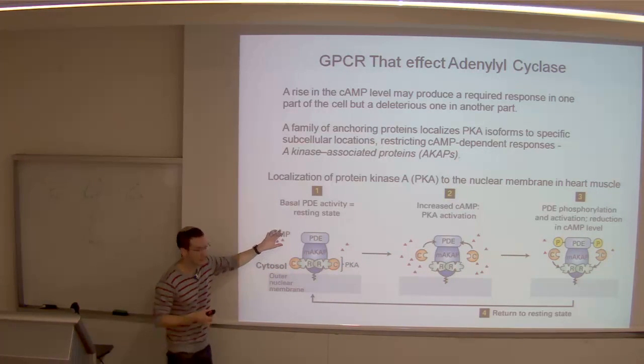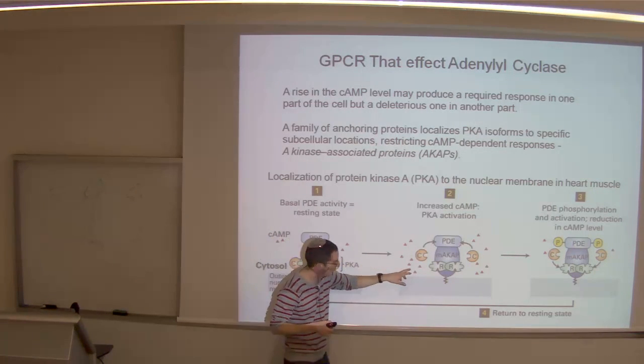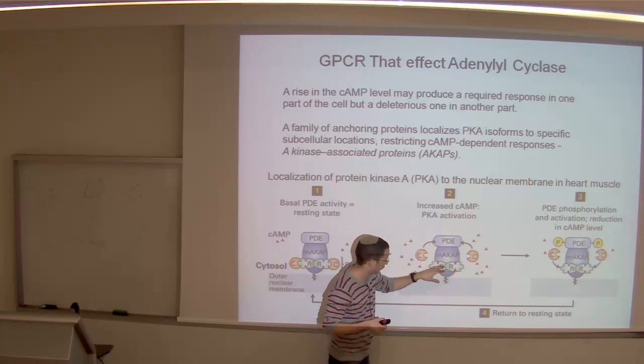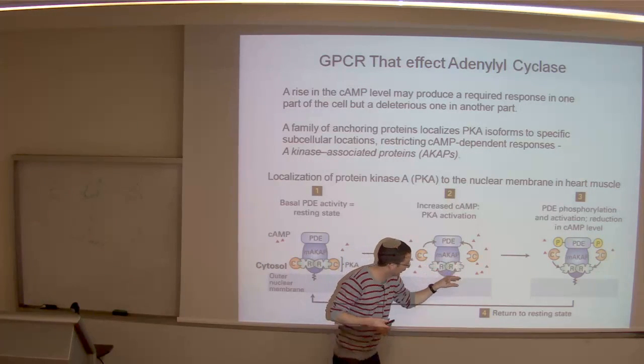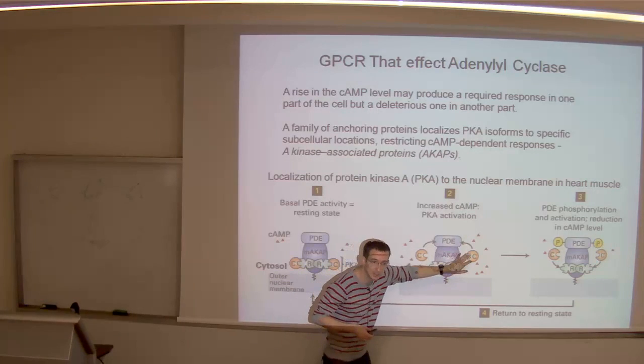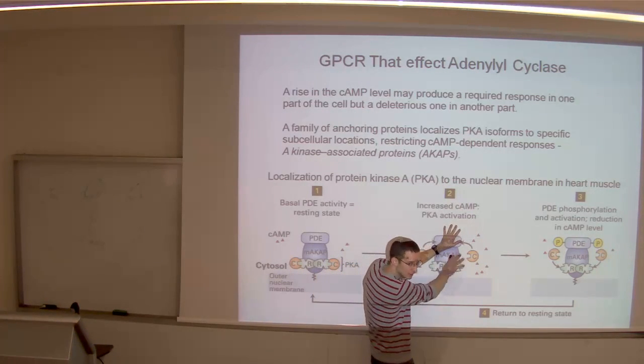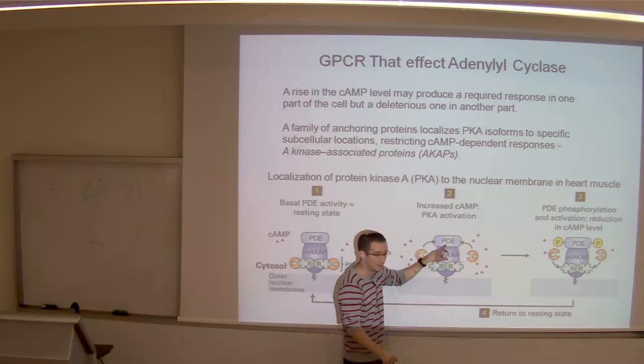So upon cyclic AMP increase, PKA will be activated. What do we mean by that? We mean that when the regulatory units are populated fully with cyclic AMP, the catalytic subunits are released, and they phosphorylate other targets, among them PDE.